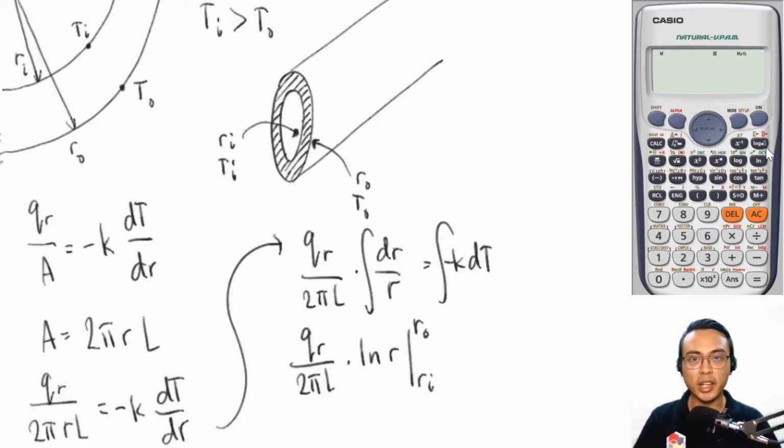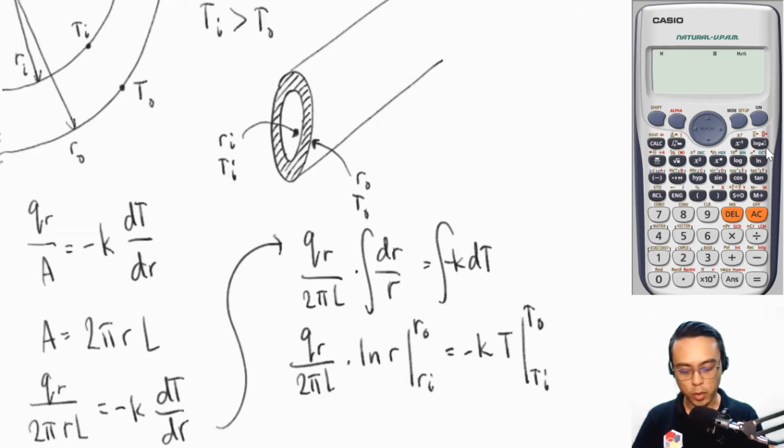Now, how did we decide that the direction will be from the inside to the outside? That's because the direction of heat transfer will be from the inside to the outside because the inside is at a higher temperature. Okay? That's the same with temperature. So on the right-hand side of the equation, we have negative k T, with limits of integration from T sub i to T sub o. Substituting, we now have Q sub r over 2 pi L, ln of r sub o over r sub i is equal to negative k times T sub o minus T sub i.